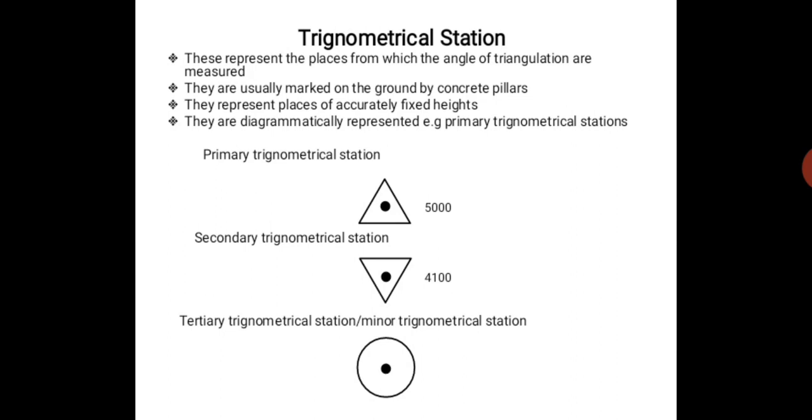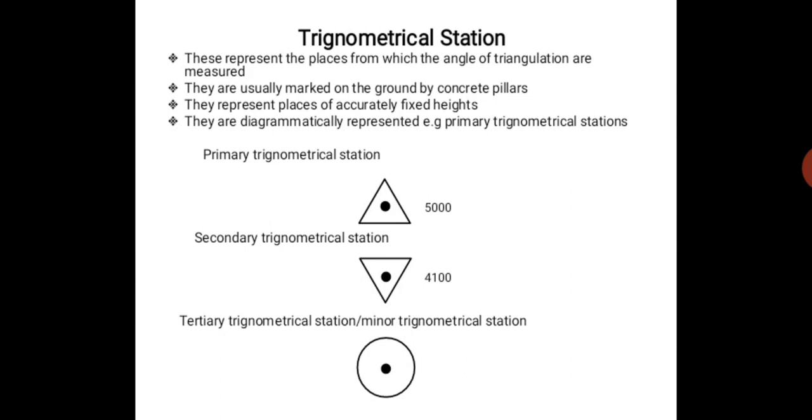They are diagrammatically represented thus. We have what we call the primary trigonometrical station, secondary trigonometrical station, and tertiary trigonometrical stations. The symbols are here. For example, a triangle with a dot inside and a number by the side.